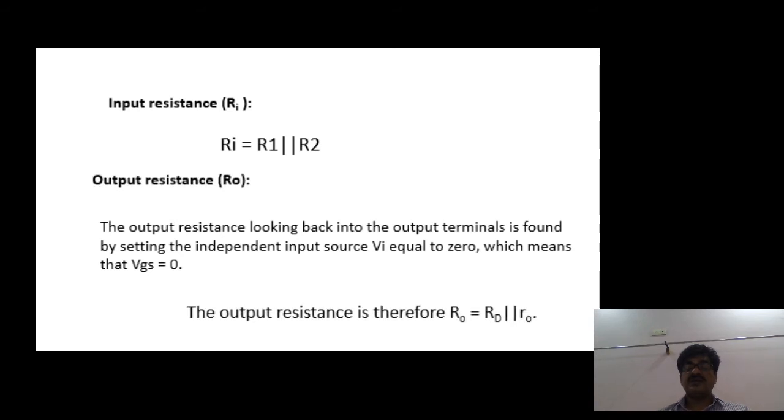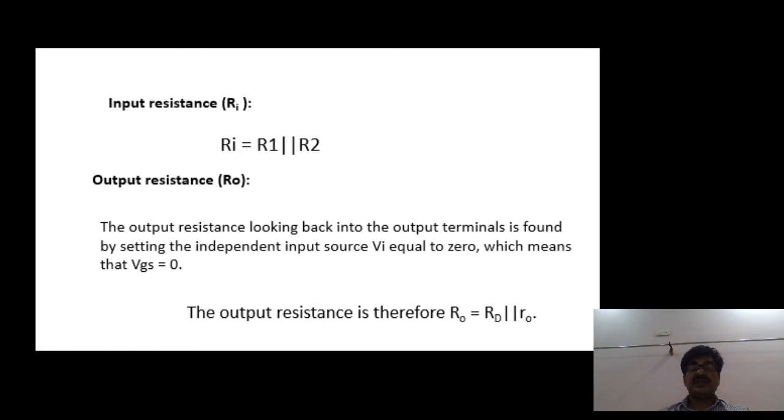Vs 0 means Vi is 0, which means Vgs is also 0. Therefore, at the output terminals, the resistance is r0 parallel RD. That is the output resistance derivation for the CS amplifier.